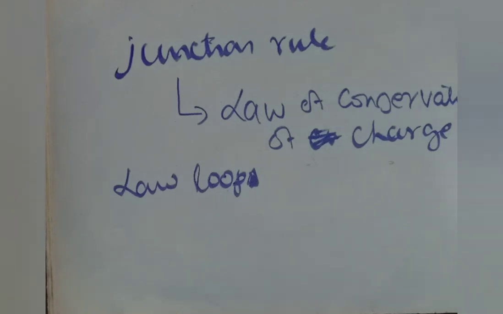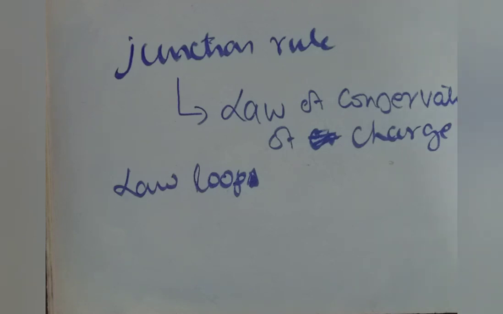That means rises in potential are taken as positive, falls in potential are taken as negative, and the total sum is 0. That is the law of conservation of energy.